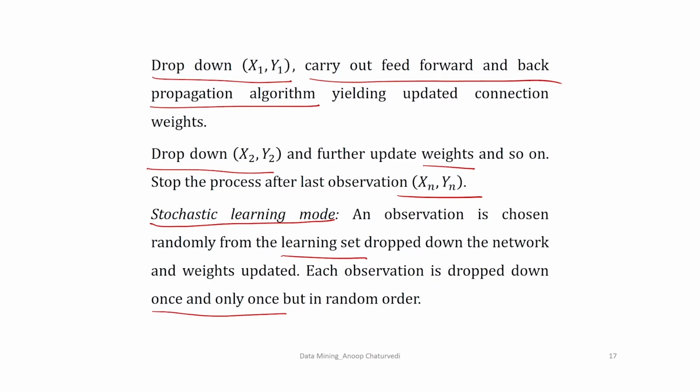So the only difference between these two learning modes is that in online learning mode, we have a fixed order of dropping down the observations: first x1, y1, then x2, y2 and so on. Whereas in stochastic learning mode, the observations are chosen randomly from the learning set.